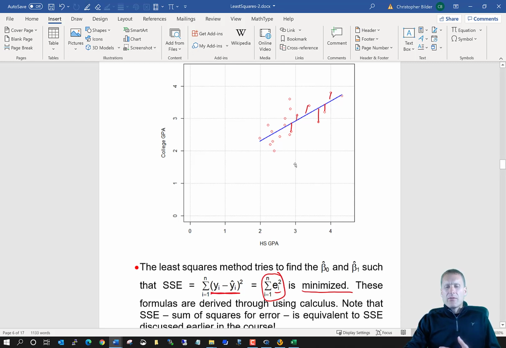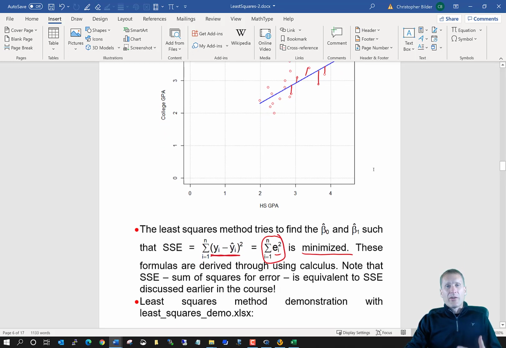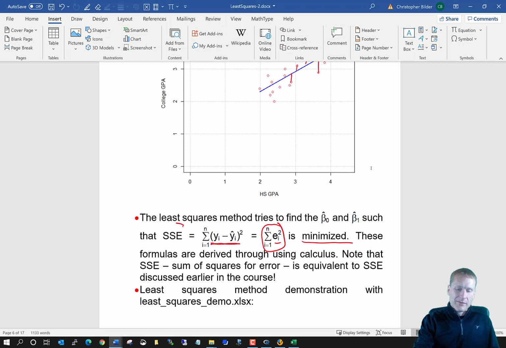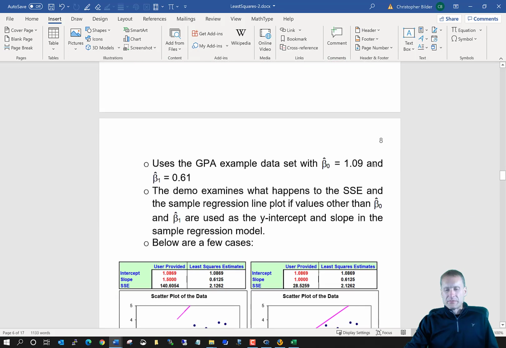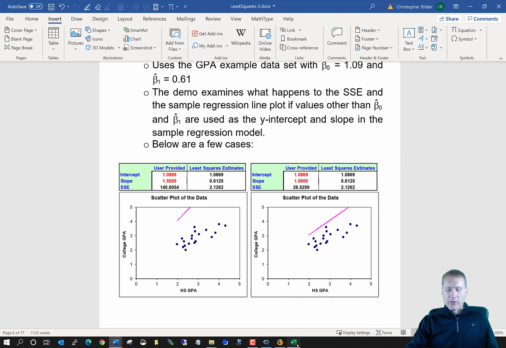Well, what's a name for the sum of squared residuals? It's often referred to as SSE, sum of squares for error. Okay? And what one could do is actually use calculus, and we'll see this in a little bit, to find these equations for beta hat 0 and beta hat 1 that minimize the sum of squared errors. But first, before we do that, let's look at this interactive demonstration.